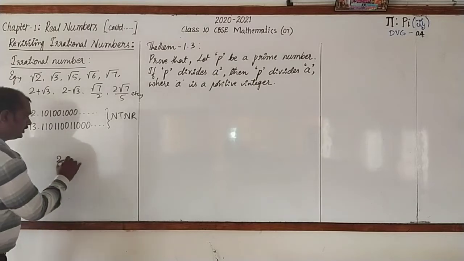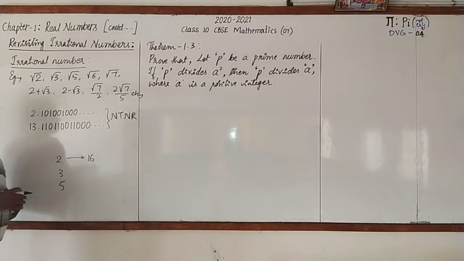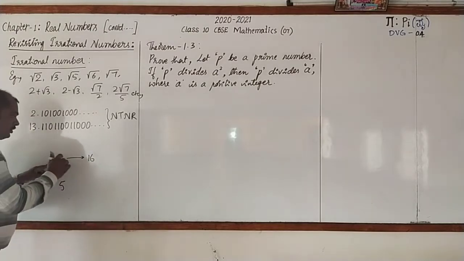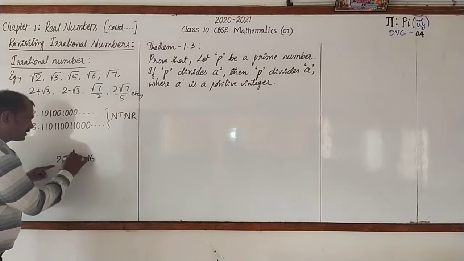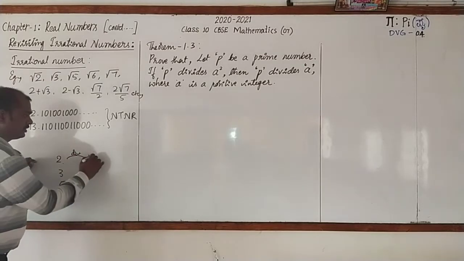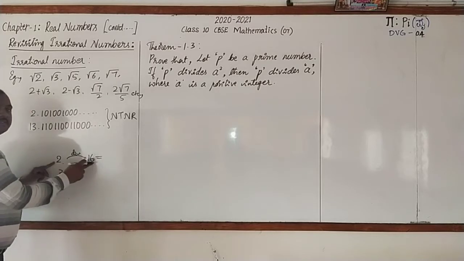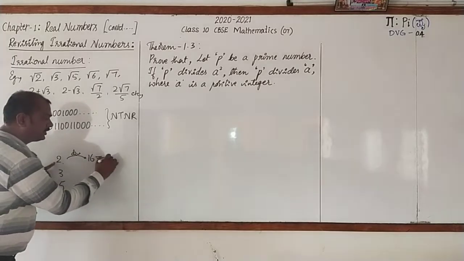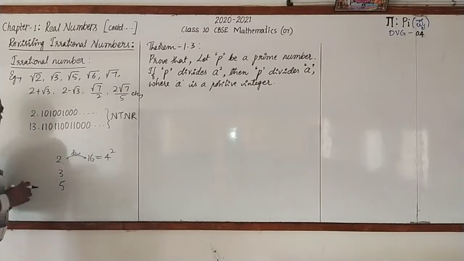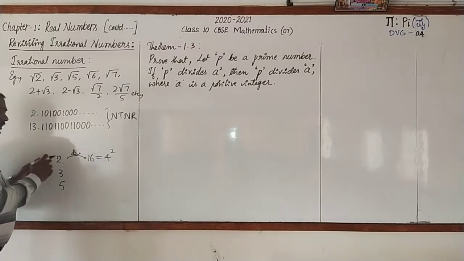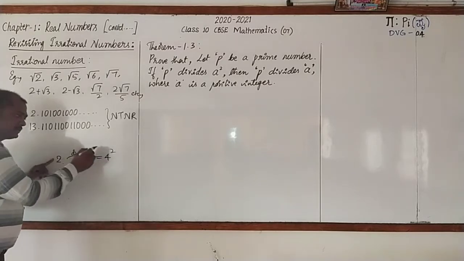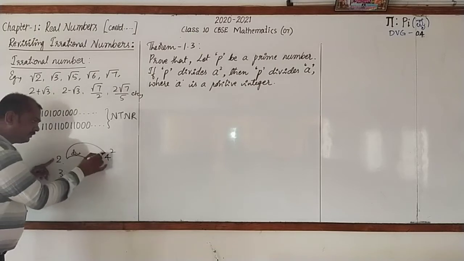Then I go for taking 16. Does 2 divide 16? Yes, because 2 8s are 16. Then 16 can be written as 4 square. 4 square is 16. If 2 divides 4 square, does it divide 4?